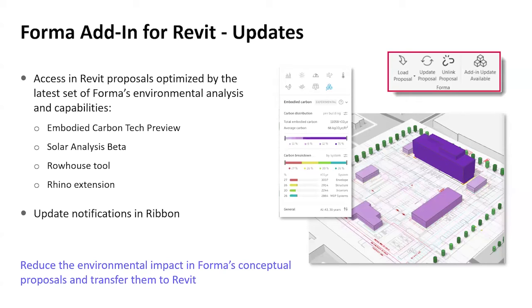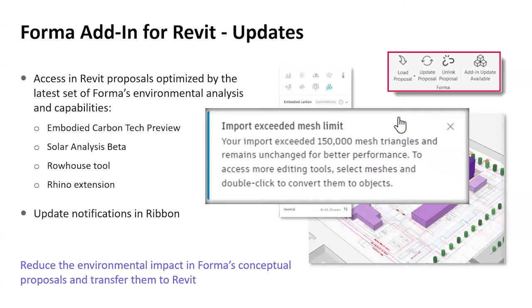With the 2025 release, the Forma to Revit transfer has been improved, as well as the Revit to Forma. However, do not exceed 150 mesh triangles when trying to import a Revit model into Forma. It's supposed to really go the other way around. You build your Forma model, a rough conceptual design, analyzing the site, and you export it to Revit for a couple of key enhancements, and you can bring it back now.